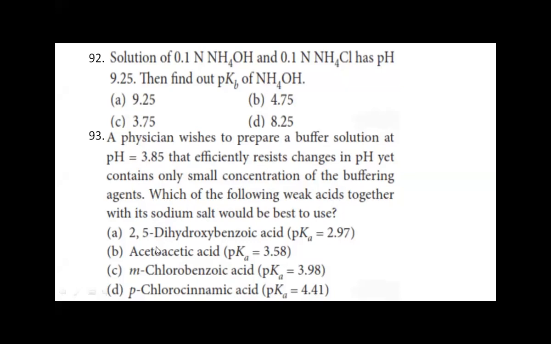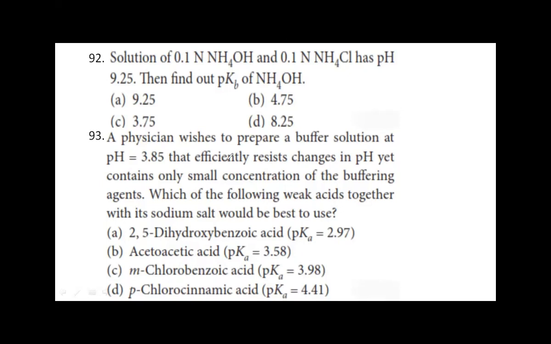The options given are 2,5-dihydroxybenzoic acid, pK value 2.97; acetoacetic acid, pK value 3.58; chlorobenzoic acid, pK value 3.98; and p-chlorocinnamic acid, pK value 4.41.